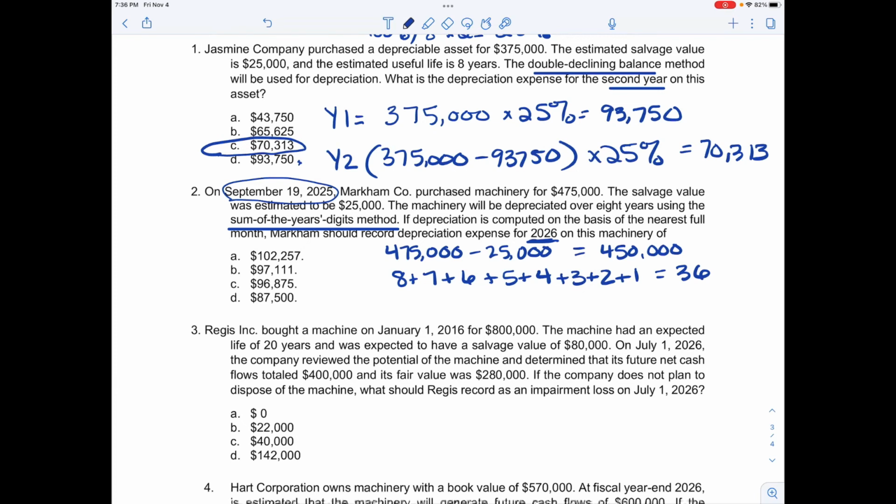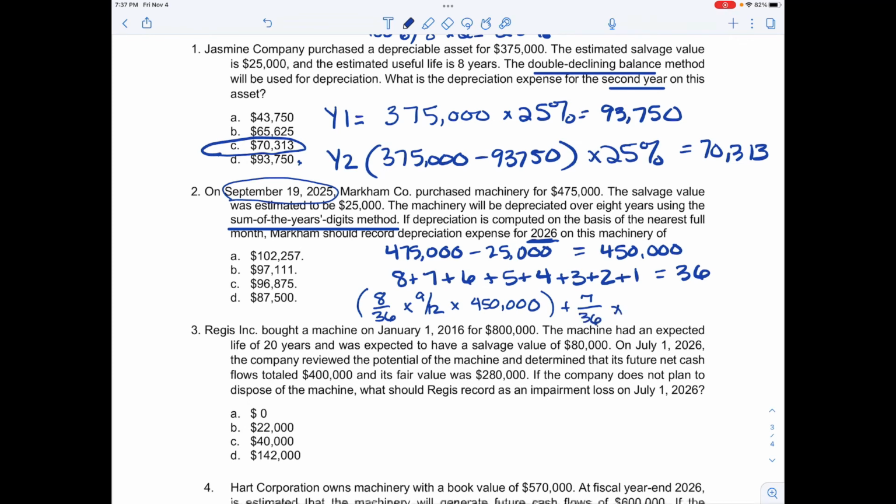we've already calculated 3 months the previous year. So that 8 over 36 is going to go first. But in year 2, we have 9 months left of that. And we're going to multiply that by our depreciation base, which was $450,000. We'll look at the second piece of year 2, which is 7 over 36.